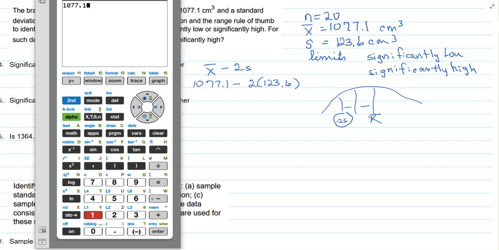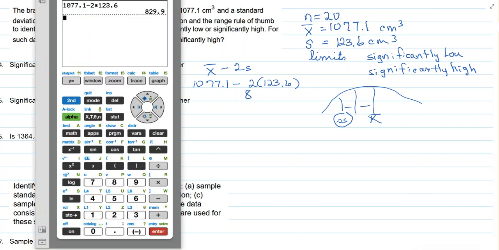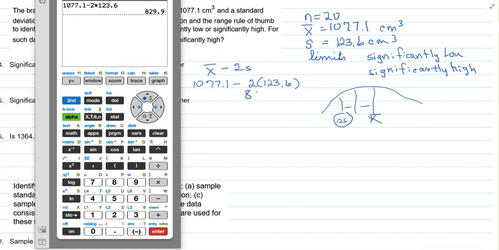1077 and 1/10 minus 2 times 123.6. Again, I double check, garbage in, garbage out, and I get 829 and 9/10 centimeters cubed.